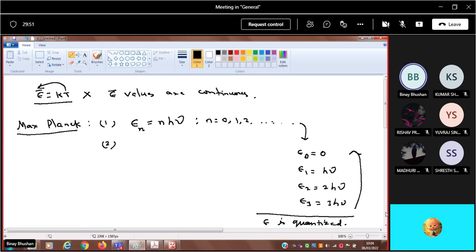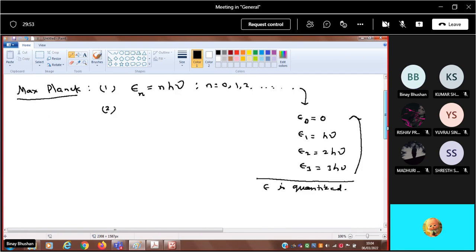Right? So you can imagine here that there are energy levels for these oscillators, just like the energy levels of the hydrogen atom. This is the zeroth level and energy is 0. I am writing here n, and then epsilon n. For n equal to 0, epsilon n is 0.